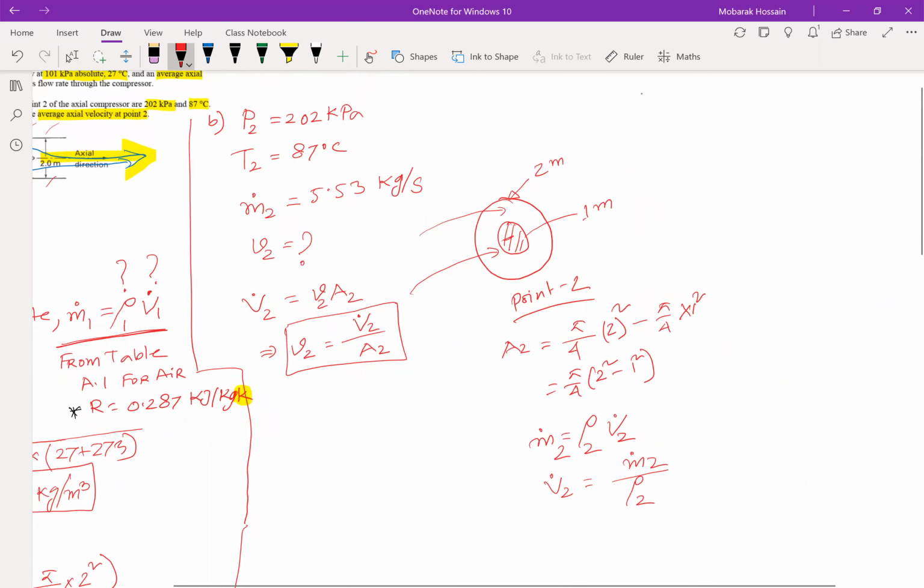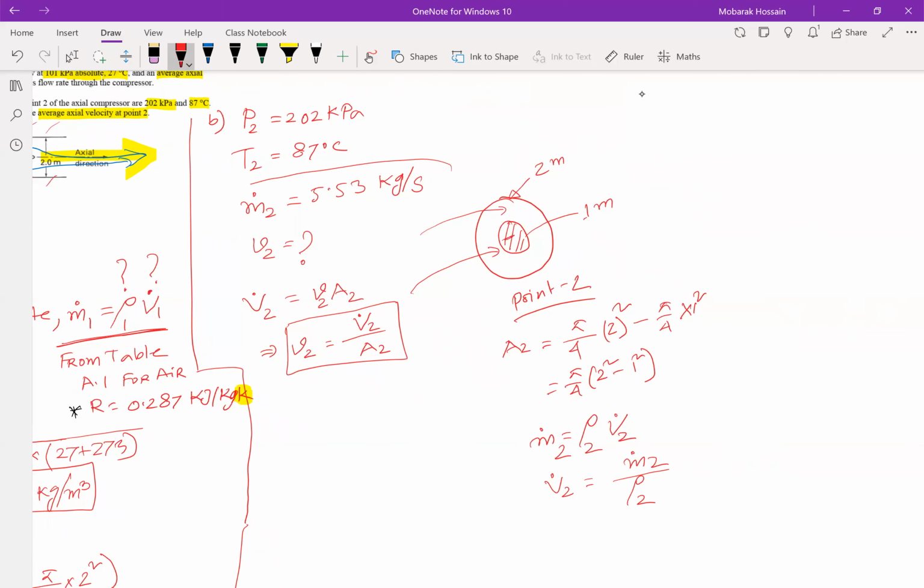Now mass flow rate for location 2 is given, 5.53, but density is unknown. So we need to find out the density for location 2, then we can use this value to get the volume flow rate. Density at 2 we can find out from the pressure known at 2, the air gas constant R known from the property tables, and temperature at 2 also known.